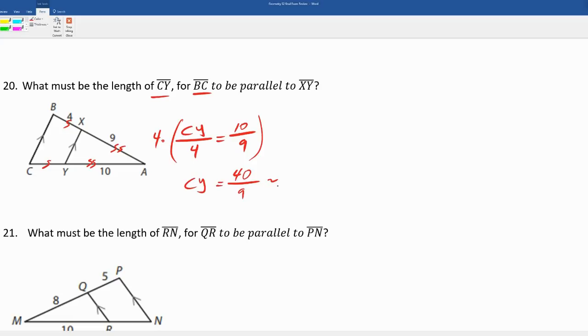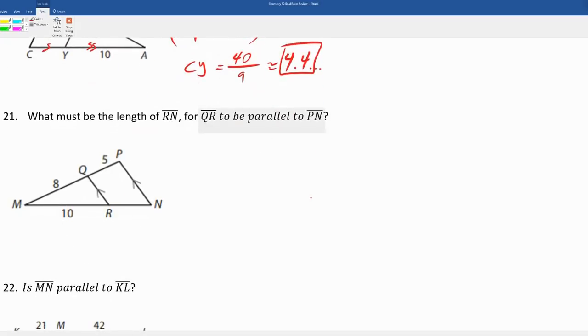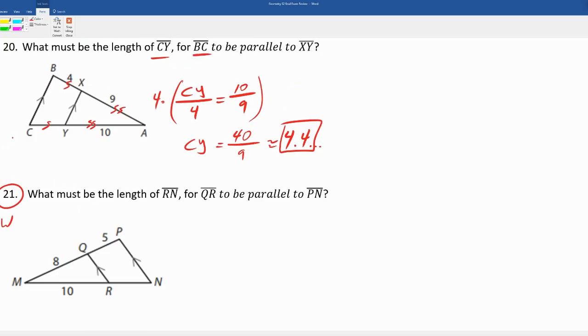That's approximately 4 point something. Okay, 4.4 repeating, so just 4.4 would work. All right, number 21, definitely the same situation, just different numbers. Definitely for you to try out.